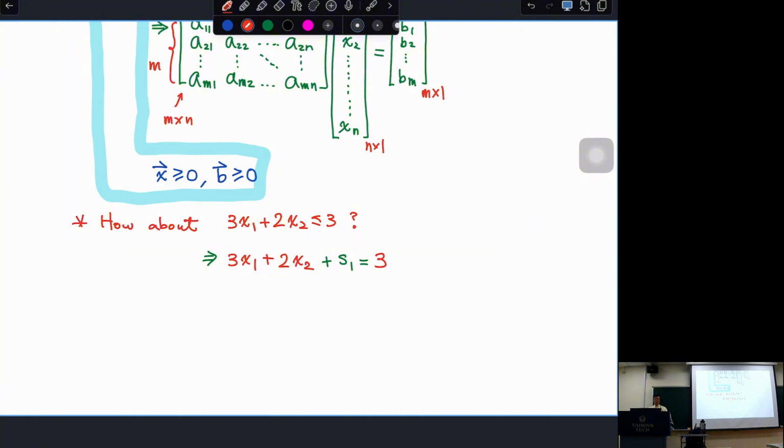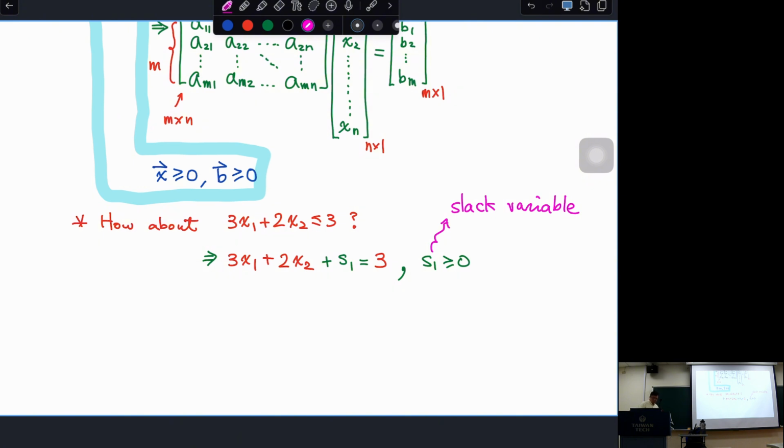How about adding a new variable on the left hand side and convert smaller than or equals to equals? How about doing so? But when you do that, S1 has to be positive or 0. Okay? So S1 is called slack variable. It's called slack variable.